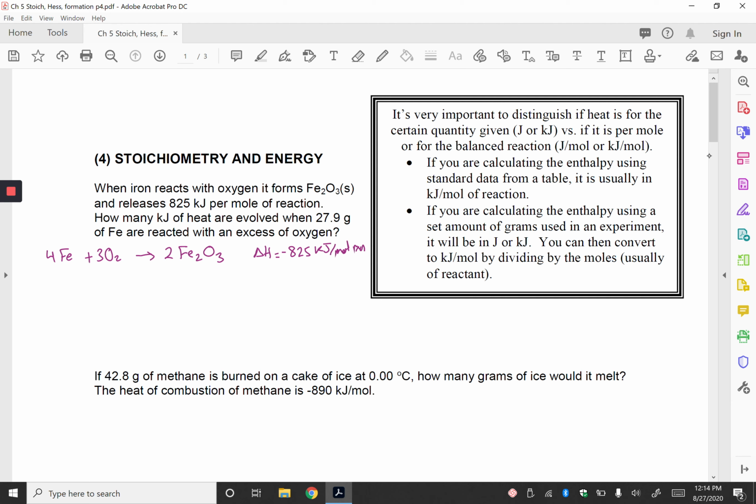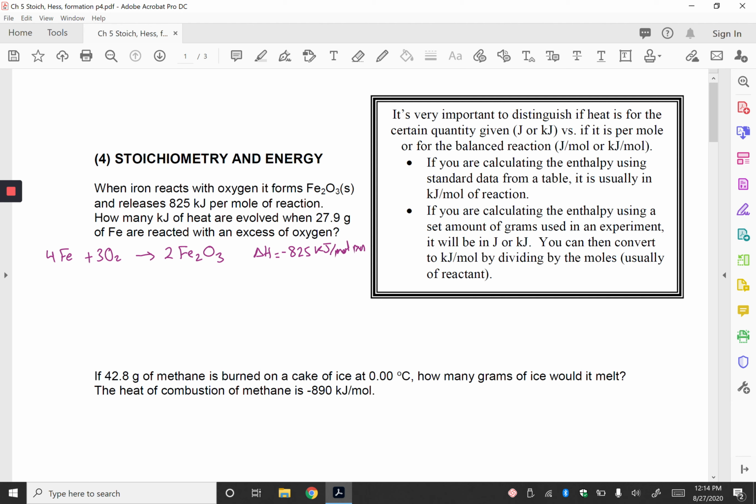So the question is, how much heat is evolved when 27.9 grams of iron react? So this amount of heat is released when 4 moles of iron react. So we want to know just for 27.9 grams how much would be released.